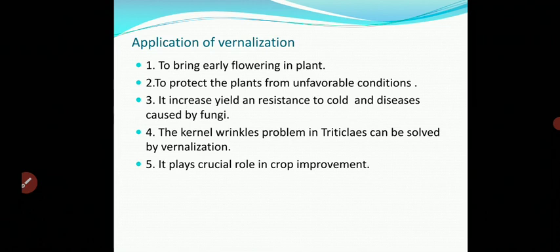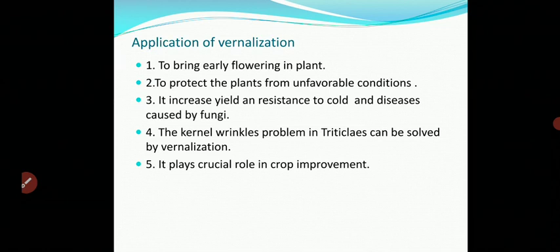The next part is applications of vernalization. First, vernalization is helpful in shortening the juvenile or vegetative period of plants and bringing early flowering in many plants, saving the time needed to complete the life cycle. Secondly, early flowering induces early formation of seeds, which leads to early harvest; this reduces the cost of cultivation and protects the plant from unfavorable conditions like drought, rain, cold, and insect and pest attacks.